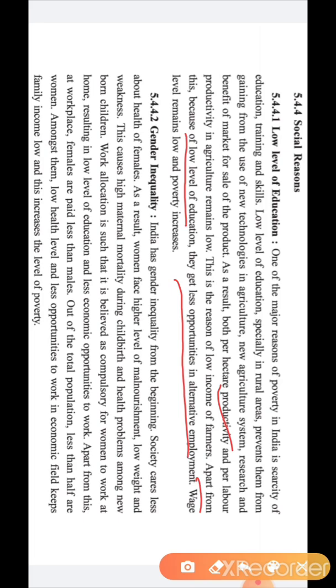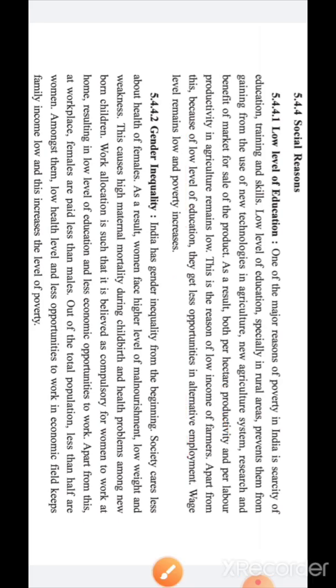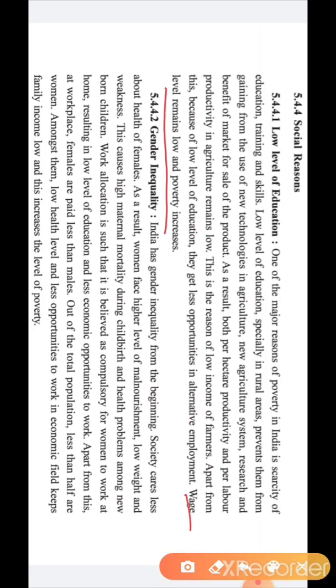If they are educated, then in some months of the year they can work on the farm, and at other times they can do some other job. But they are less educated, so they don't get other employment opportunities. Wage levels remain low and poverty increases.